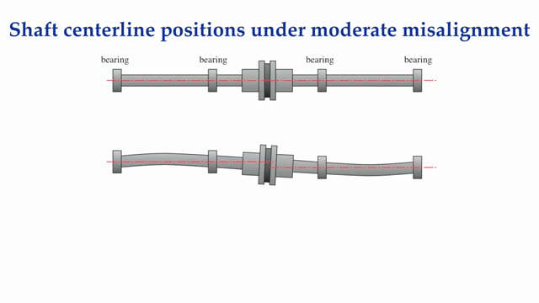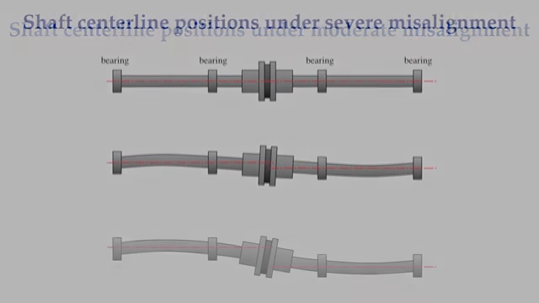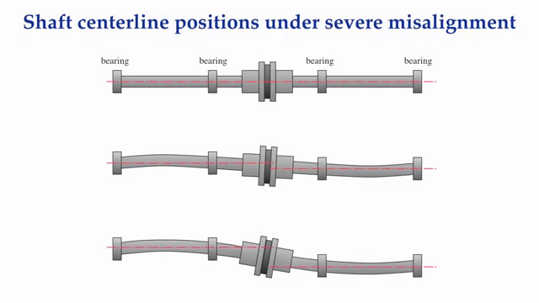What happens is the shafts start elastically bending in an S-shaped curve. The greater the amount of misalignment between the shafts, the more exaggerated the S-shaped curve becomes.